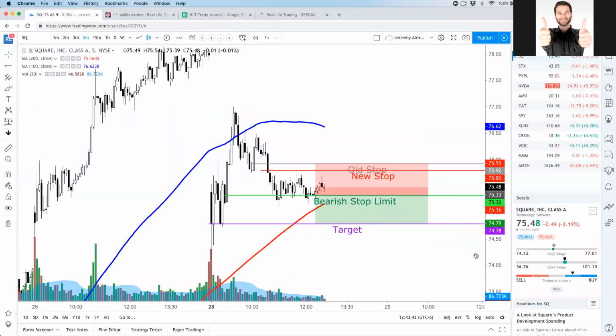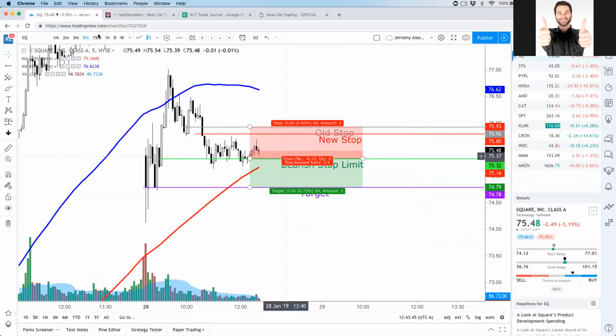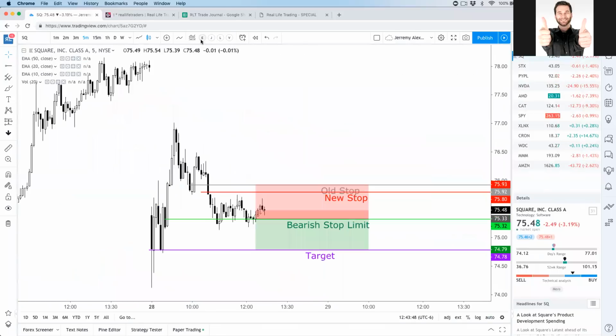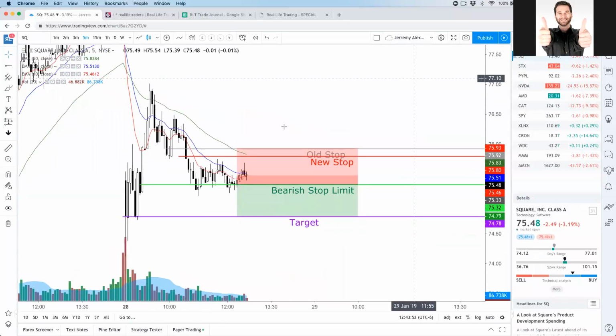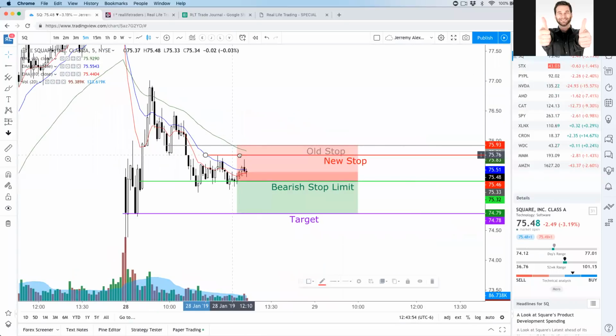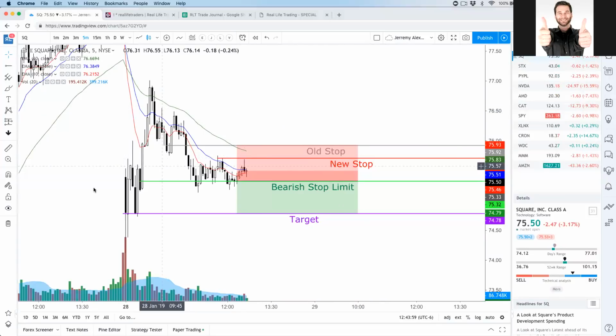Very nice, Marwan. All right, so on Square, we do have this new upper shadow. So what I'm going to do is lower the stop on Square to above that upper shadow. Make it 75.71. Lower stop on Square to 75.71.